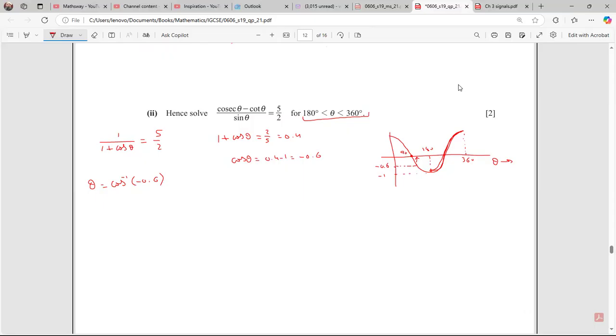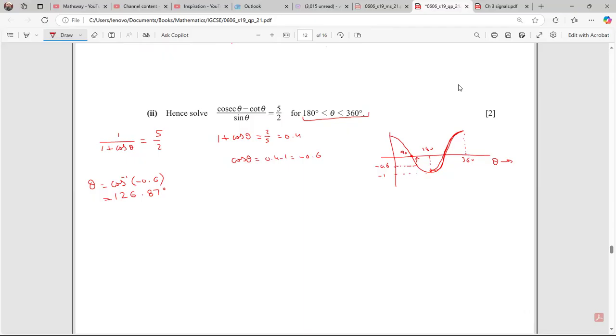So if I do this calculation using a calculator, let me see. If I do cos inverse of minus 0.6, it gives me an angle of 126.87 degrees, right?